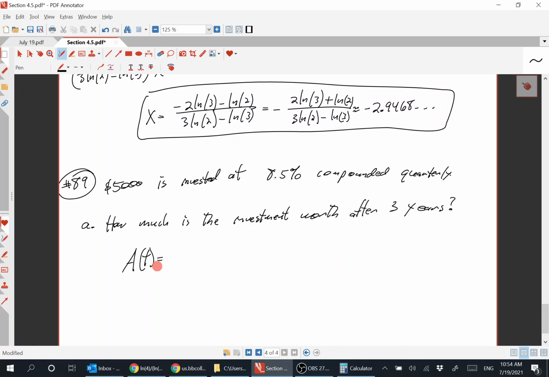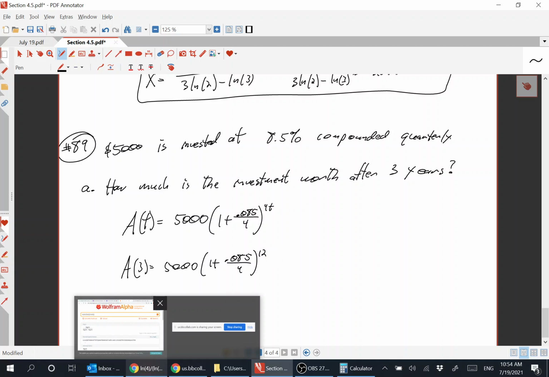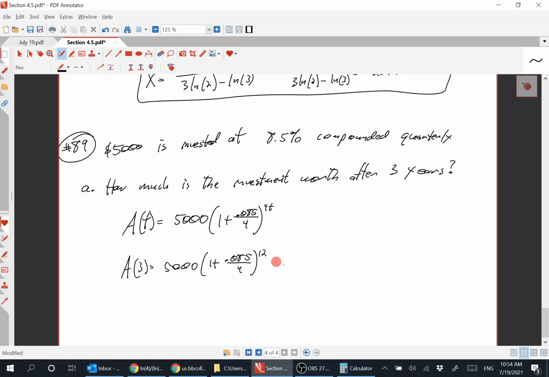So A of t is equal to, and then the compound interest formula tells you it's 5,000 times 1 plus the interest rate, 0.085, over the number of compounding periods, to the 4t. So after 3 years, it's 5,000 times 1 plus 0.085 over 4 to the 12th. Okay, so let's get a quick number for that.